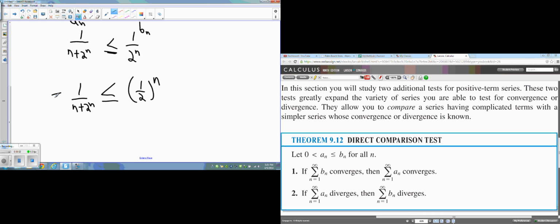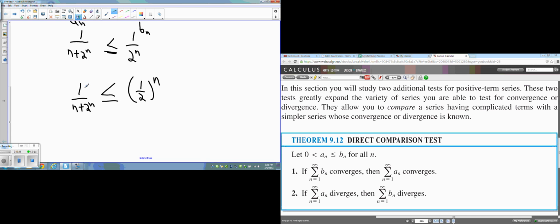That would be my conclusion. By the direct comparison test, I've proven everything I need to prove. I've proven that a_n is always less than or equal to b_n, and I also know that b_n converges by being a geometric series.